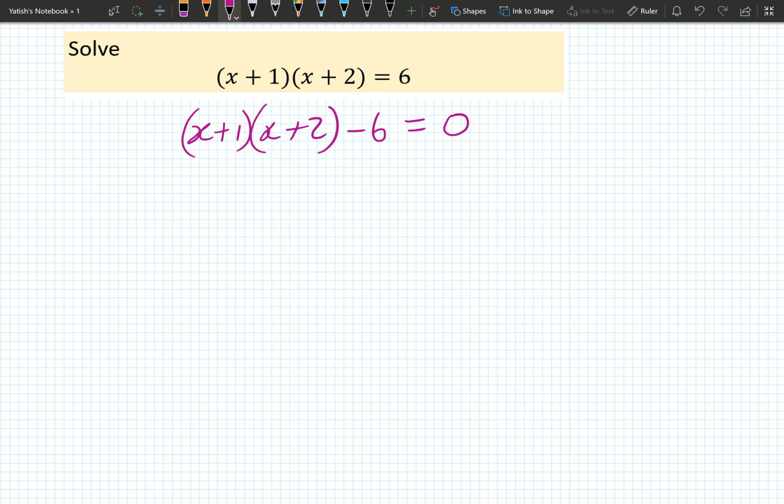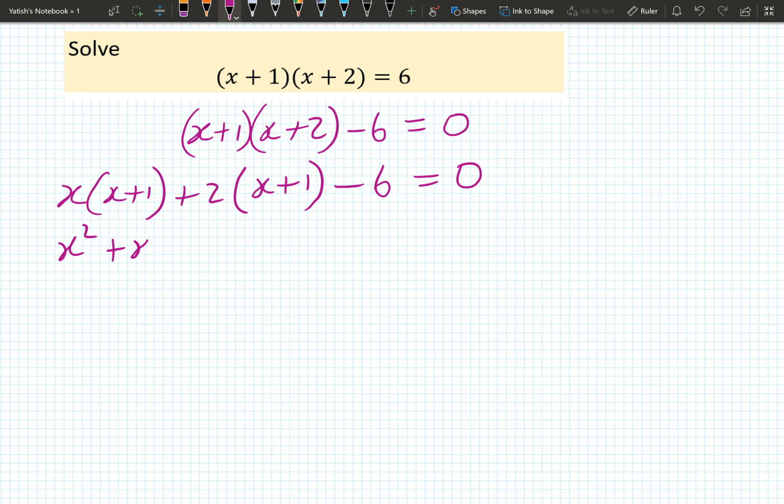So let's expand this out. So we get x times x plus 1 plus 2 times x plus 1 minus 6 equals 0. Then you get x squared plus x plus 2x plus 2 minus 6 equals 0. So we've expanded all the brackets.